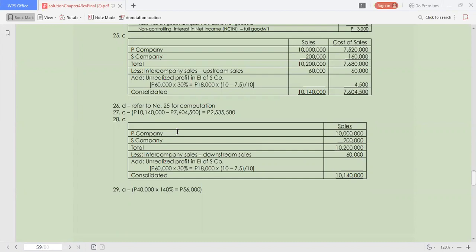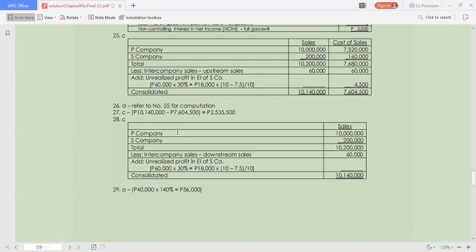Now, during the year, Patty sold to Shannon for 60,000 at a price based on the normal markup. At the end of the year, Shannon still possesses 30% of this inventory. So you will notice this time that Patty is the one selling merchandise to Shannon.